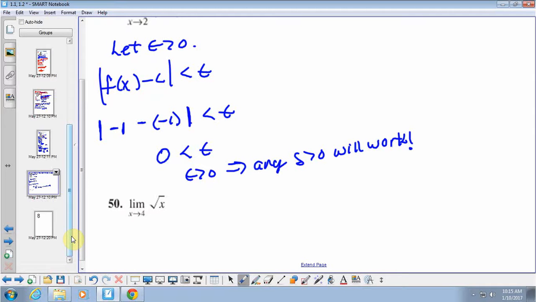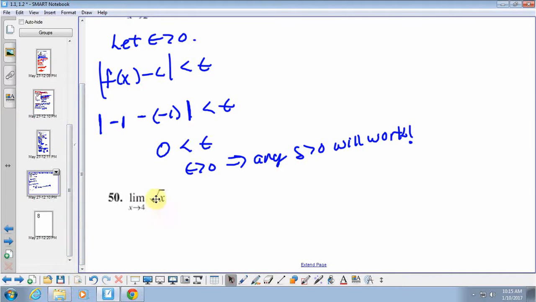There's no x. So any delta will work for this problem. Special problem. They all won't be this way. But any delta bigger than 0, you can pick delta to be what epsilon is if you want to. It works there. Like I said, special problem because we had no x in there.